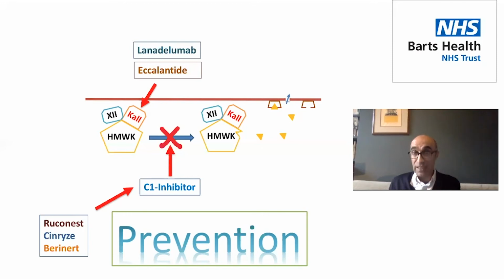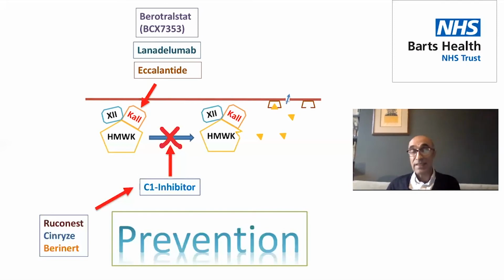In this case, that part of lanadelumab is the mirror image of the groove of kallikrein, the bit of kallikrein which interacts with high molecular weight kininogen. So if you block that with lanadelumab, you stop it from chopping high molecular weight kininogen and producing bradykinin. It's an injection given every 2 weeks, but it can be reduced to every 4 weeks or less regularly if patients don't have any attacks.